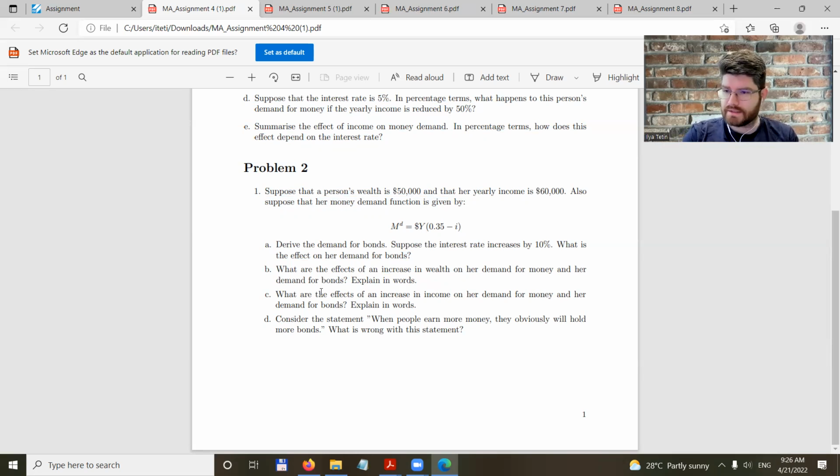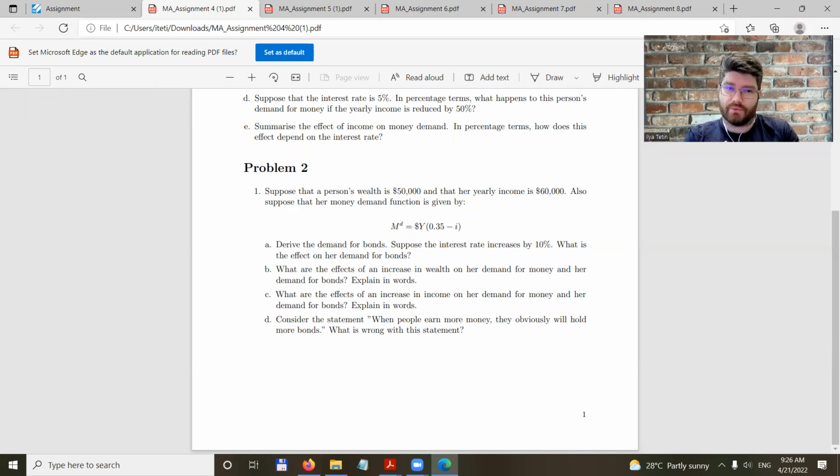And the last one here in practice 4: when people earn more money, they obviously will hold more bonds. Maybe it's not quite correct. Maybe we have to exchange this, money for income, because money is just colloquial. Income should be substituted for money.